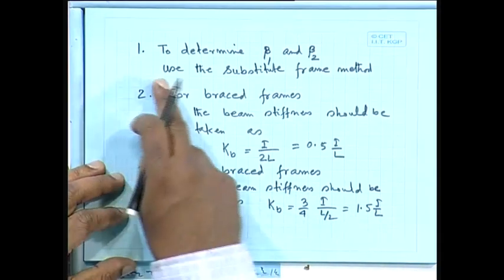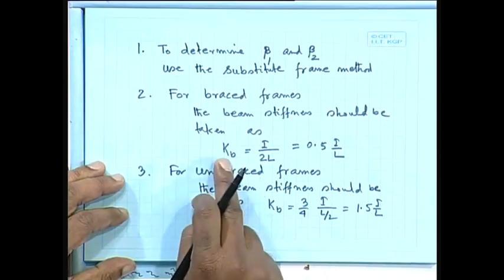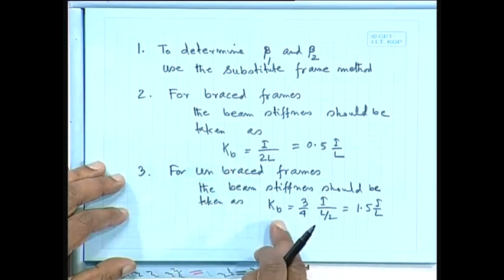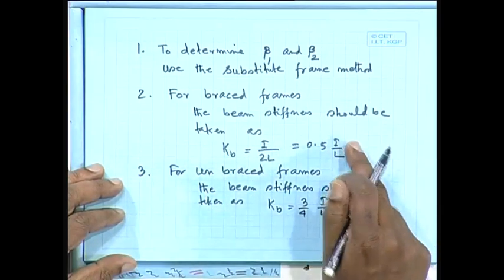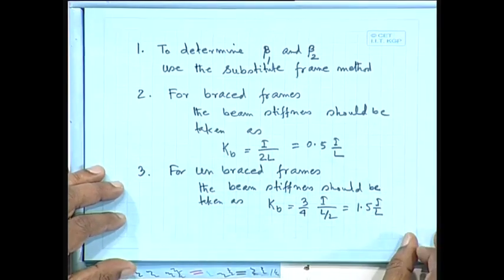These are the cases for the beam stiffness KB: for the braced one 0.5 I by L, and for the unbraced one 1.5 I by L, that we shall take.